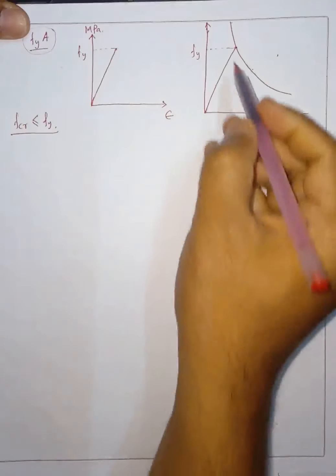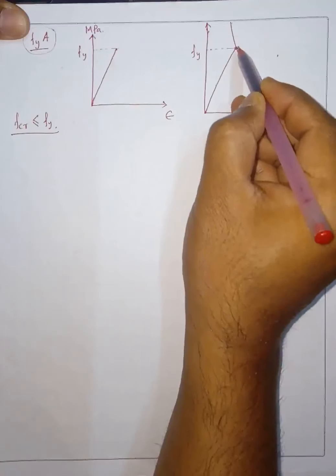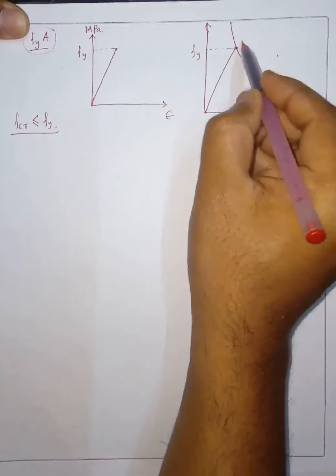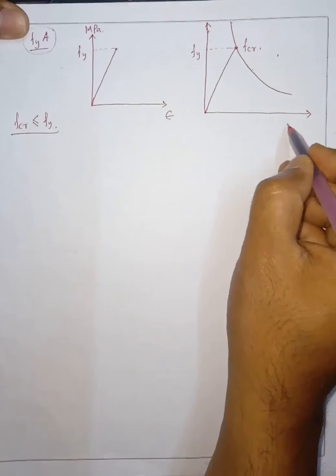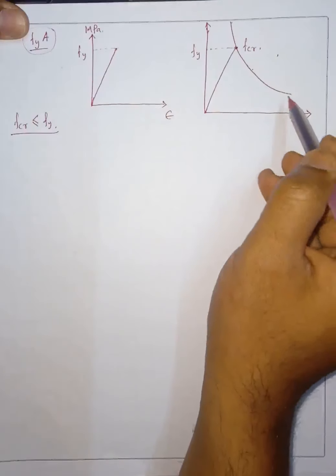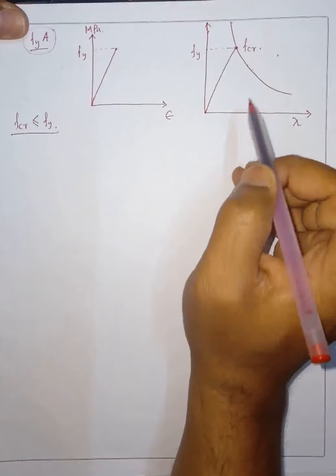And what will be this stress? If I follow this curve, then this point will be FCR. In this axis we can represent the slenderness ratio, and at any point we will get two values.